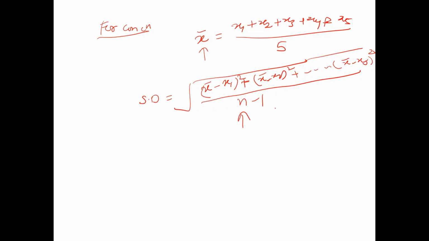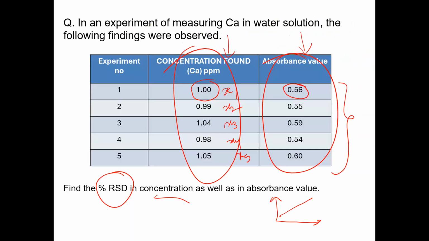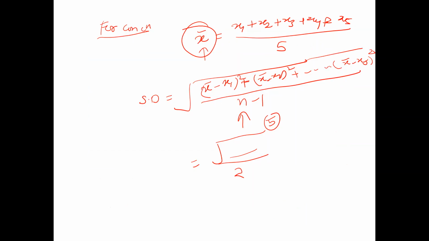N is basically 5 here, so 5 minus 1 is 4, and all of this is under the root. So first you have to calculate the average value, then subtract the first value and square it, then the second value, third, similarly up to the fifth. Okay, and you will get the value of the standard deviation.